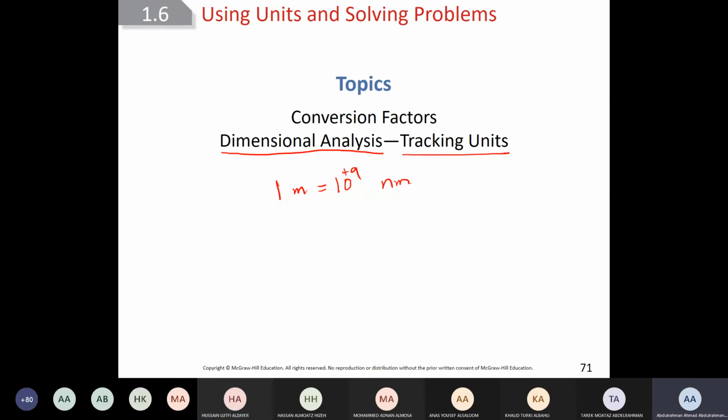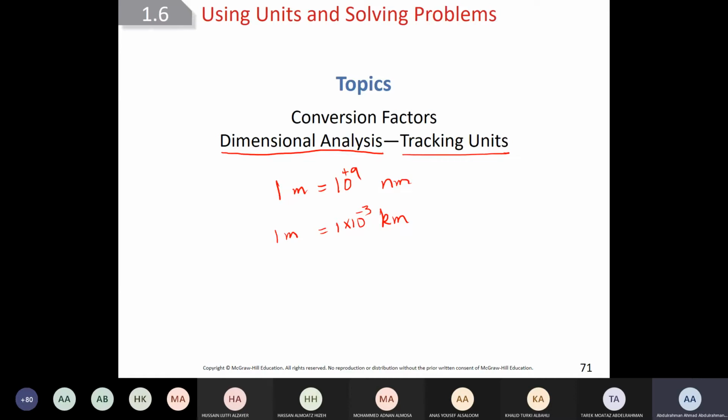Very good. How about 1 meter equal to how many kilometers? 10 to the power minus 3 kilometers. All right.